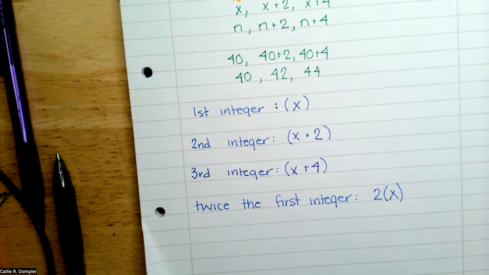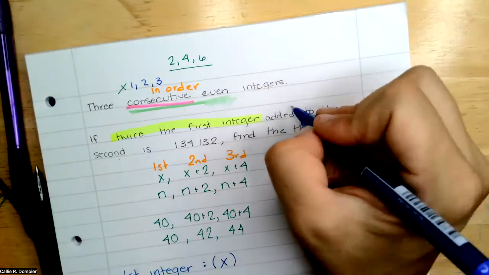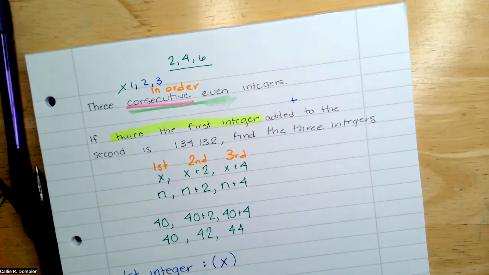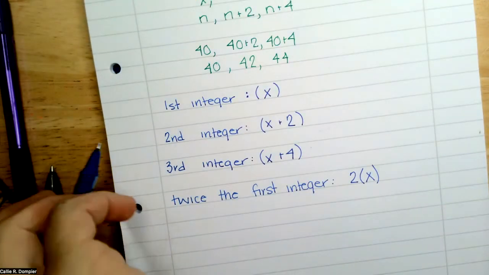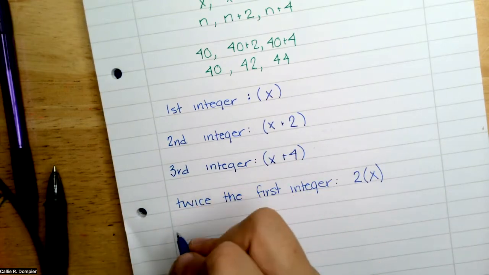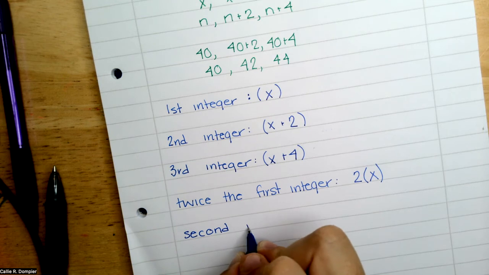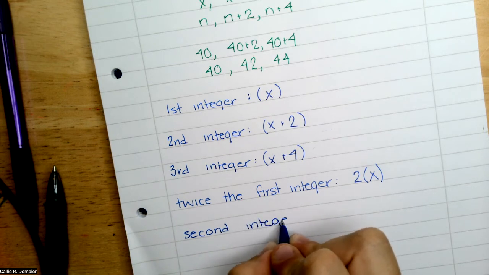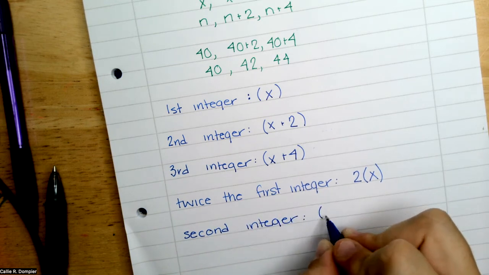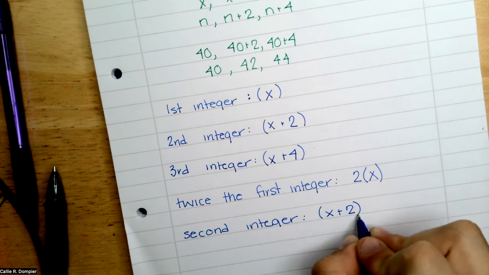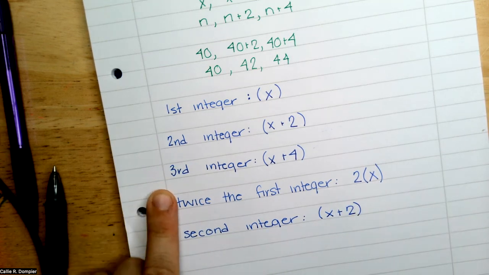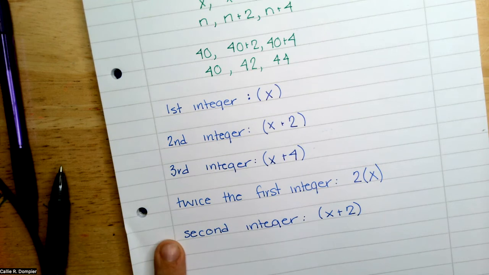There's twice my first integer, added to the second. We already know the second integer is x plus 2.